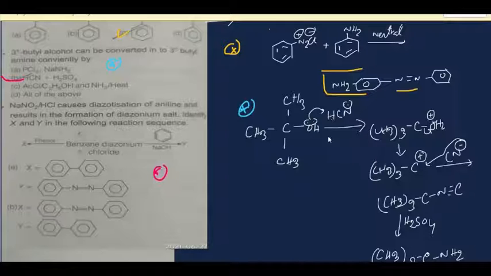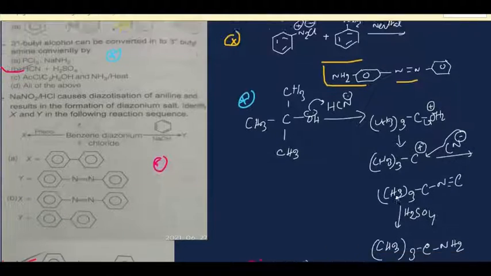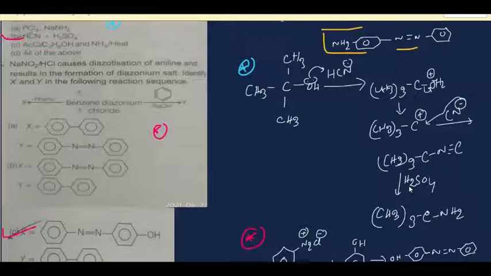Then positive charge comes over the oxygen. Then this bond pair breaks and positive charge comes over carbon. Then this lone pair on the nitrogen attacks the positive carbon and forms isocyanide. And after reacting with H2SO4, it forms amine. So this one will be the correct option.